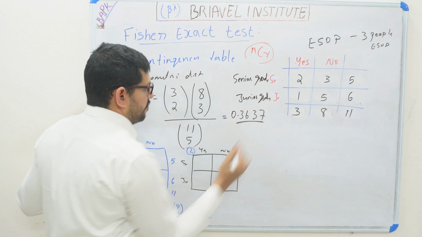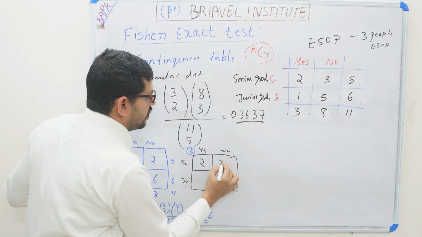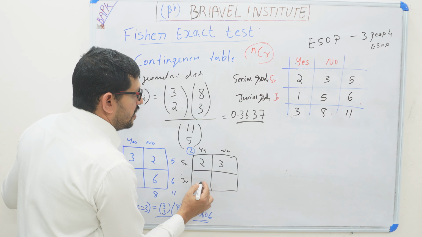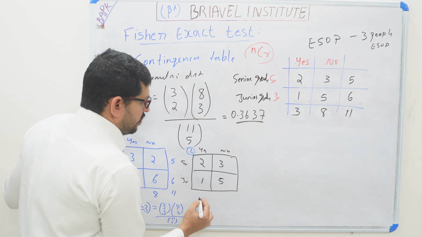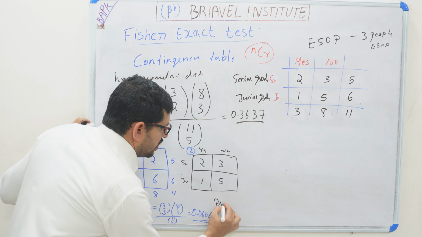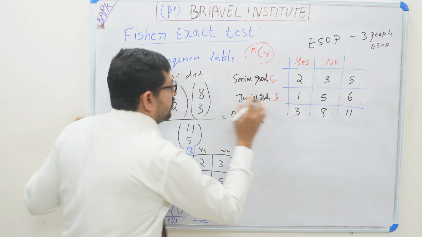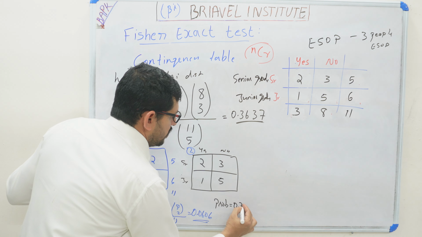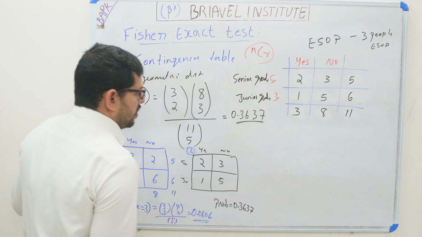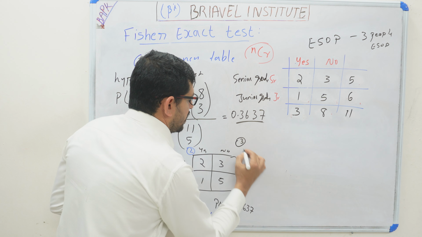The second case is the same. We can write 2, 3. We are just reducing this column only, 1 and 3, 1, 5. In this case we know the probability, we already received 0.3637. We can check the third case.